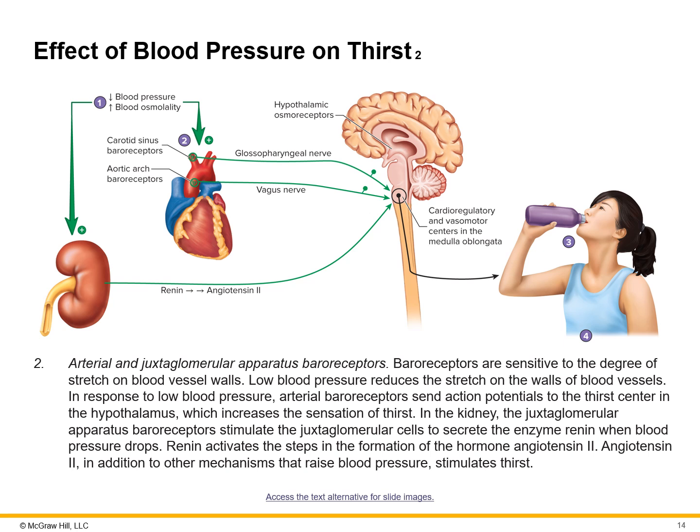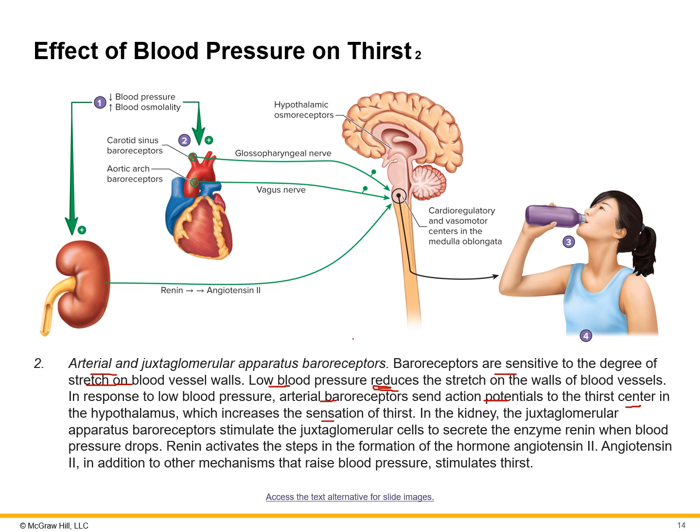Now the arterial juxtaglomerular apparatus, those baroreceptors, are sensitive mainly to the stretch on blood vessels. If we have low blood pressure, this reduces the stretch on the walls, and in response the arterial baroreceptors send action potentials to the thirst center of the hypothalamus. Again, a loss of blood or a loss of fluid lowers our blood pressure, which increases the sensation of thirst.